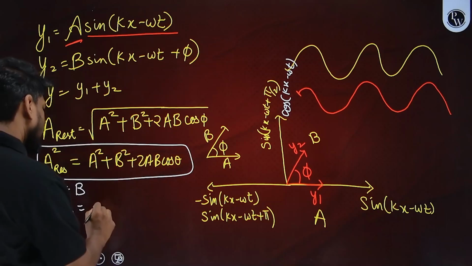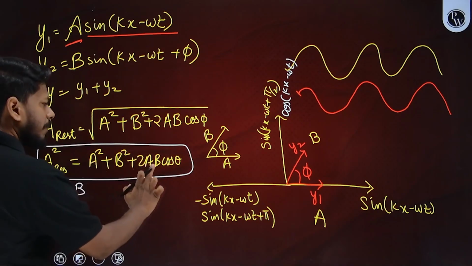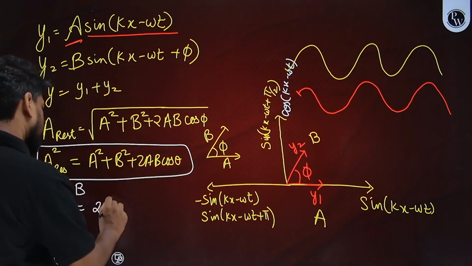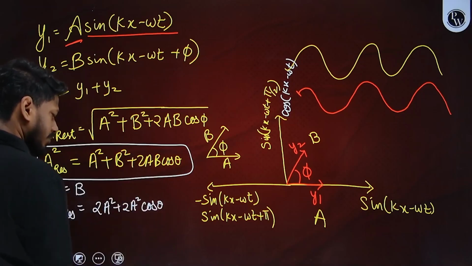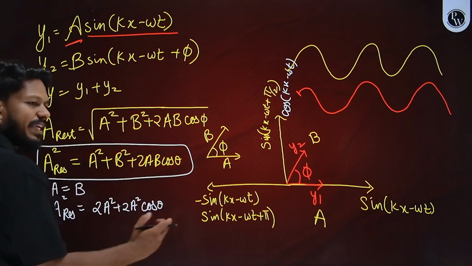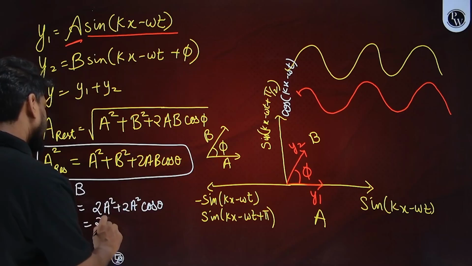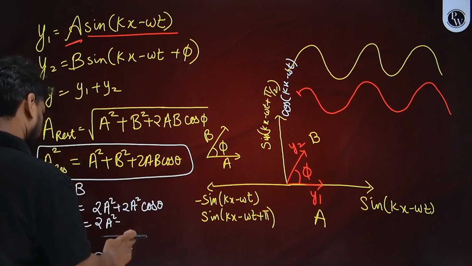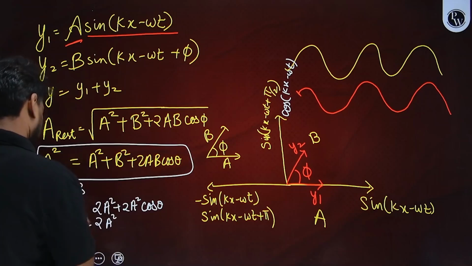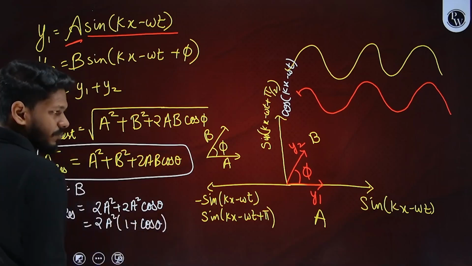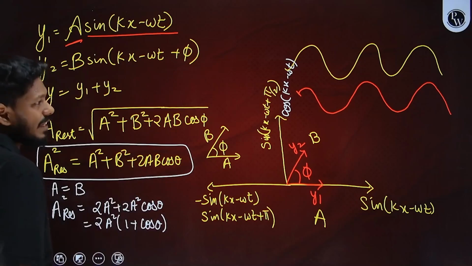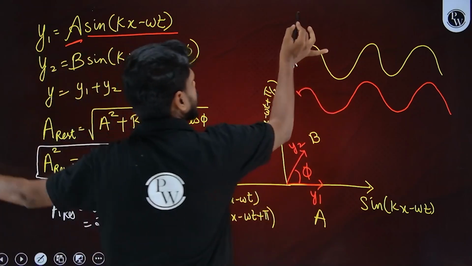So I will be getting 2A square plus 2A square cos theta. Correct? If I take 2A square common, I will be getting 1 plus cos theta.